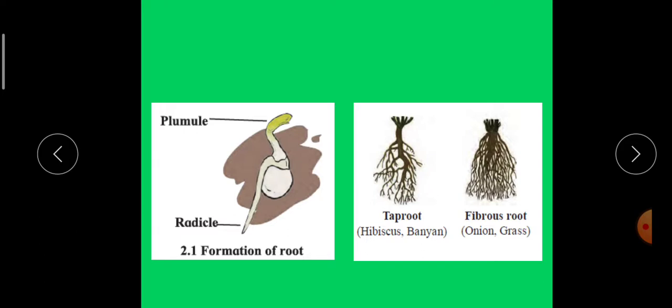And secondary roots grow obliquely and spread far and wide in the soil. Tap roots support the plant. Fibrous roots, as you can see here, arise from the stem. All of them.